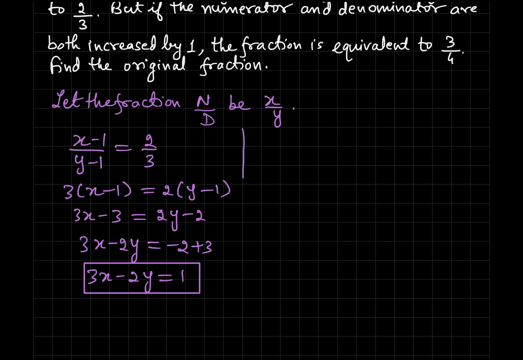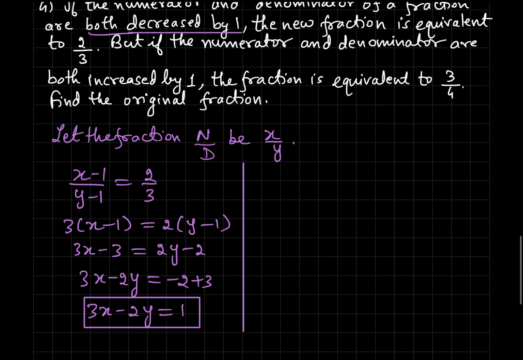Now secondly, we are given the second condition also, that both numerator and denominator are increased by 1. This time they are increasing. So x plus 1 over y plus 1, then the fraction is equivalent to 3 by 4.